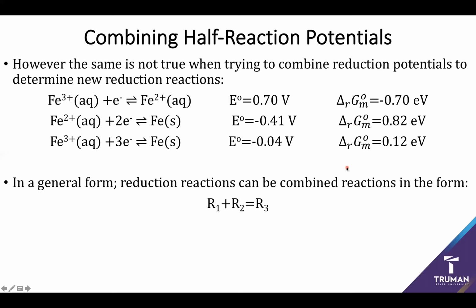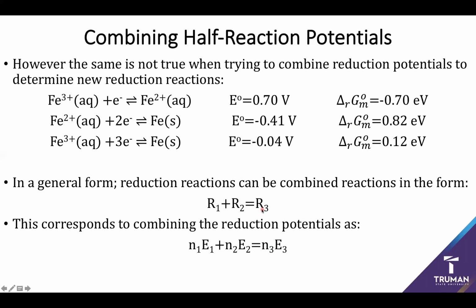So if I'm trying to combine two reduction reactions, reaction 1 plus reaction 2 to give reaction 3, in potential space, this corresponds to taking the number of electrons in reaction 1 times its potential, plus the number of electrons in reaction 2 times its potential, and this equals the reduction potential of my third net reaction times its number of electrons.